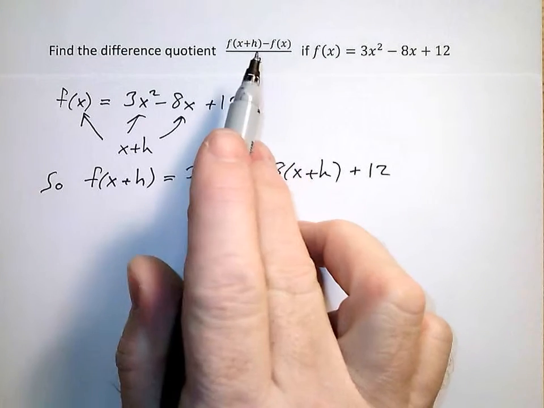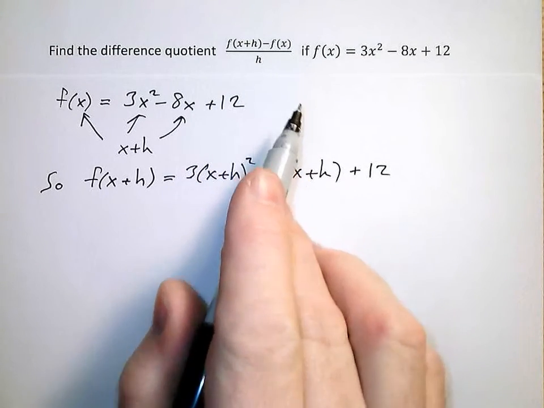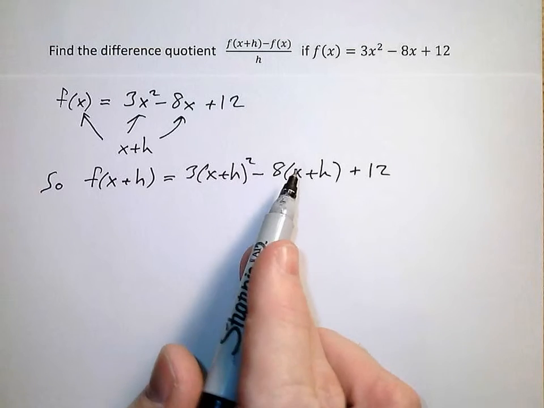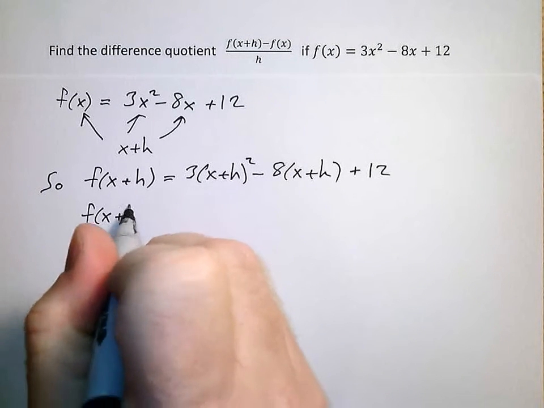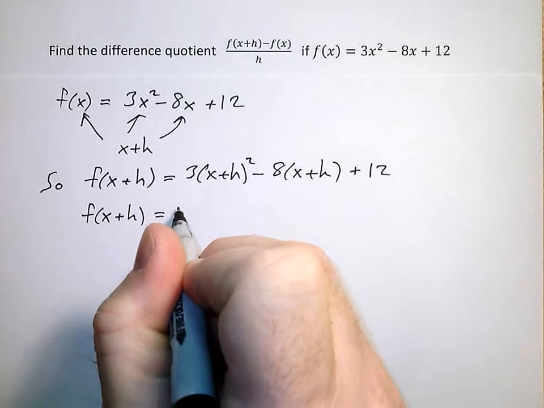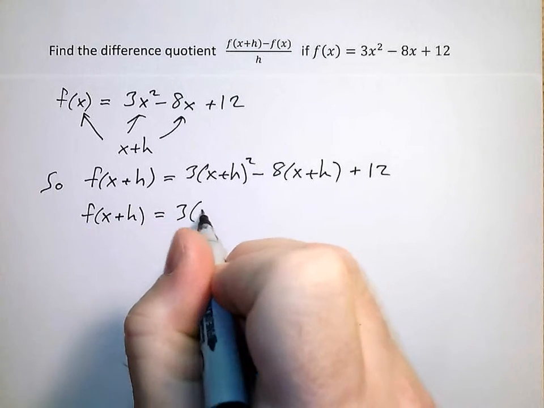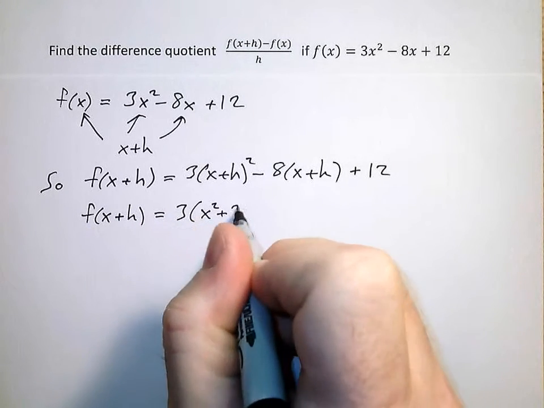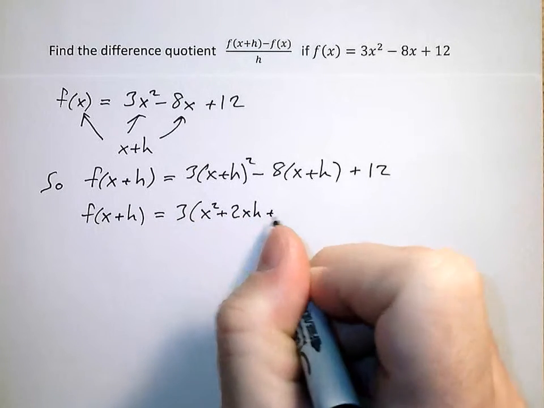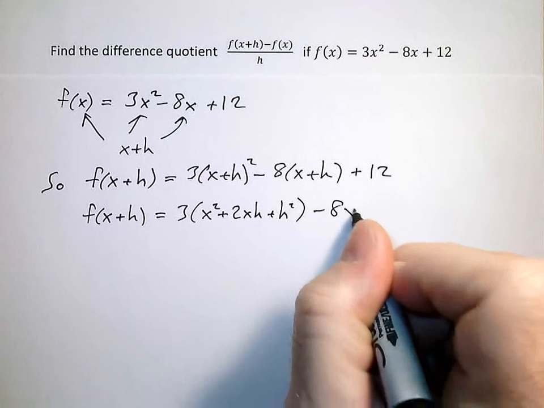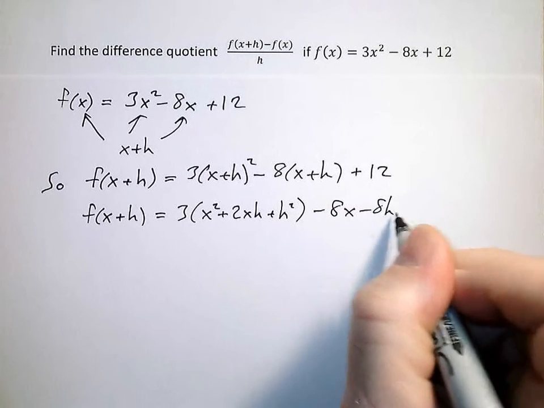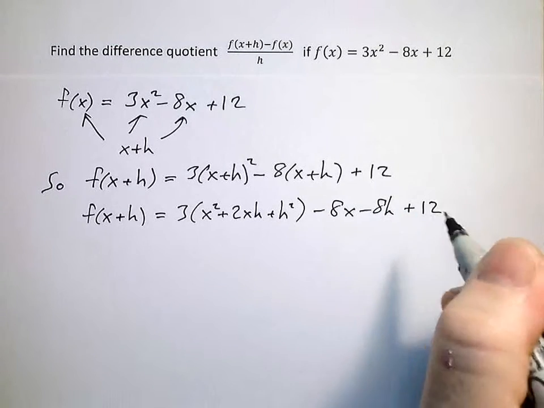And I want to subtract f of x from this, so I'm going to multiply all this out and see what I get. So I have f of x plus h now is 3 times x squared plus 2xh plus h squared, minus 8x minus 8h plus 12.